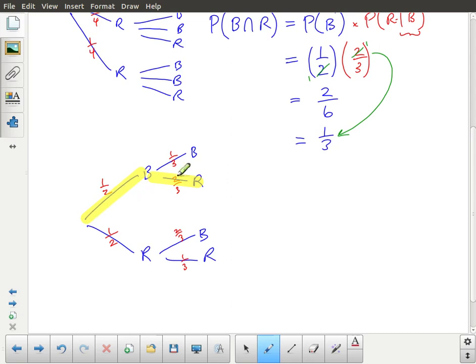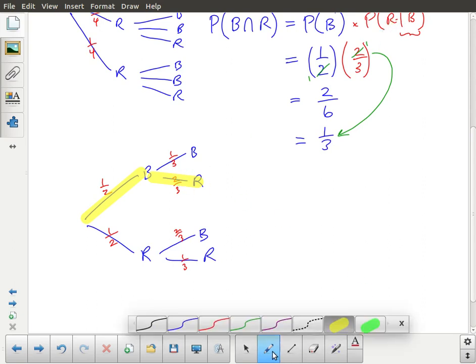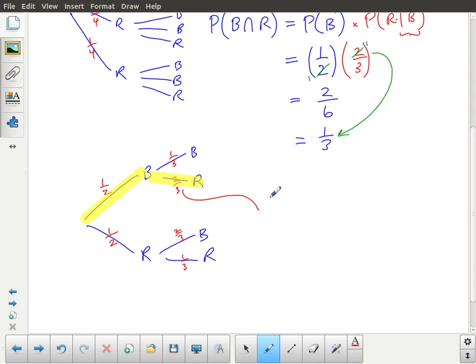It looks like I'm just multiplying like I did in the previous case with the product rule, but you need to understand that this 2/3, that 2/3 right there, is the probability of getting a red given that a black has already occurred. This one, for example, is the probability of getting a black given that a black has already occurred, because it's based off of that.